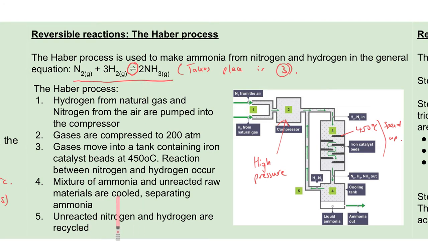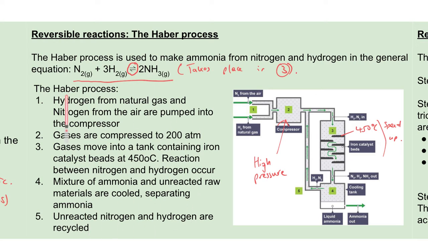So in step number 4, I cool it. And what happens is that my ammonia turns into a liquid, which is shown down by here where my lightsaber is. And I filter that off. And then in 5, any of my nitrogen and hydrogen which are left, I then recycle back up to the top. Okay? And we keep repeating this to make sure as much as possible is there.